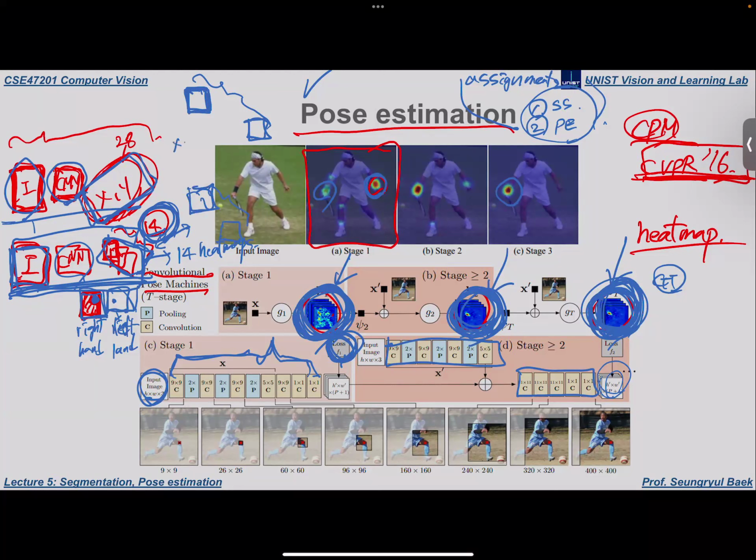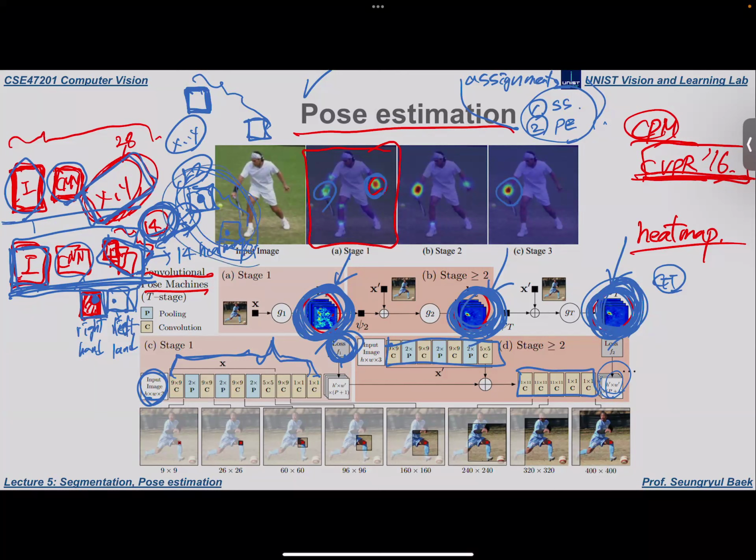And for the XY coordinate, we have to make some 2D Gaussians like this, okay? And we normally apply the L2 loss to make our network output the heat maps, okay? So actually we will implement this in assignment 2.